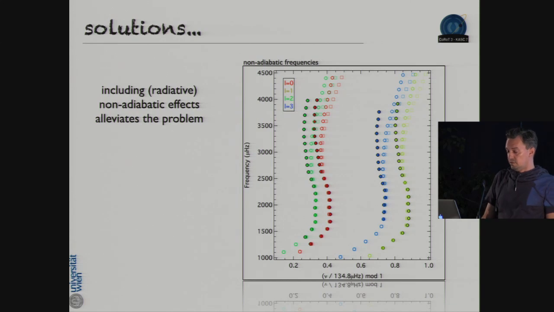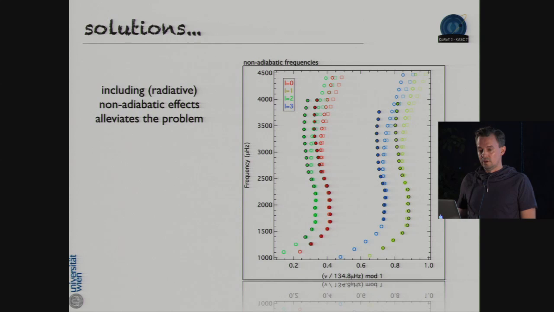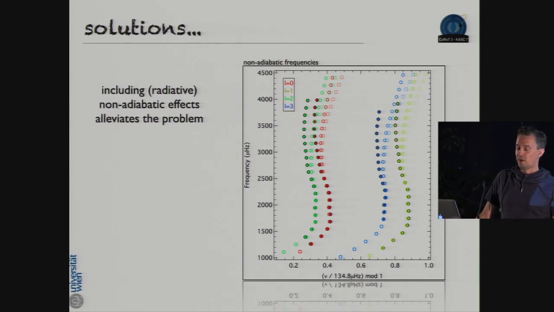A way to solve this problem is to include, for example, non-adiabatic effects. About a third to a half of the deviation goes away if you include the radiative non-adiabatic effects, but there's still a surface effect left.